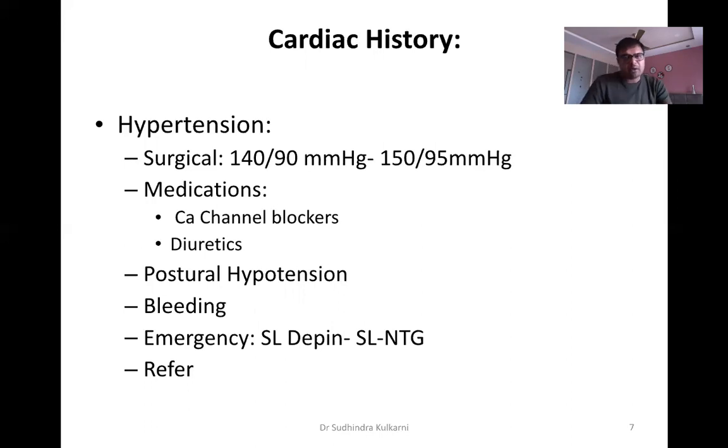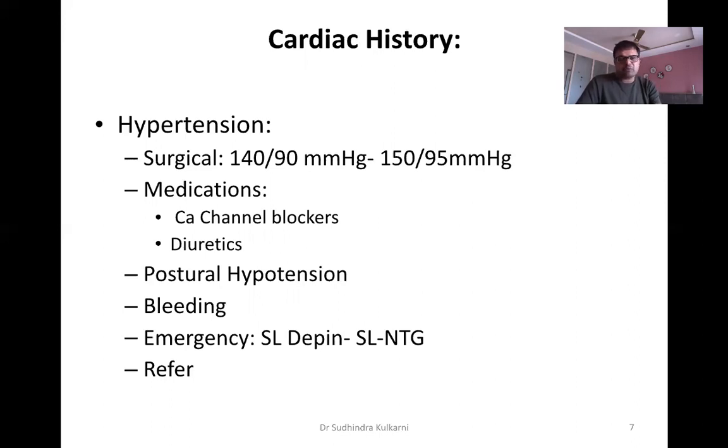And why is it so important? Because hypertension will determine how you intervene in your patient, and also the various medications that these people take. So when I'm looking at a patient who says, doctor, I'm hypertensive, I'm first looking at what are the values of his blood pressure.